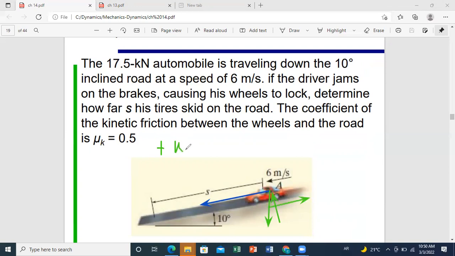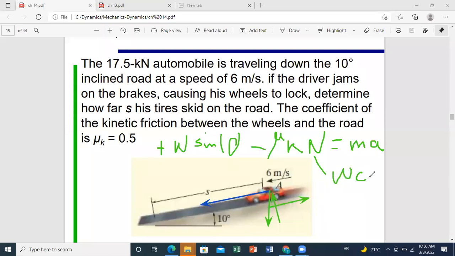So you have plus W sine 10 and minus your friction, so minus mu k n, equals ma. From sum of forces along y equal to 0, n is W cosine 10. So you can get your acceleration, a, and then use v squared final minus v squared initial equals 2a times s. You get s. Thank you.